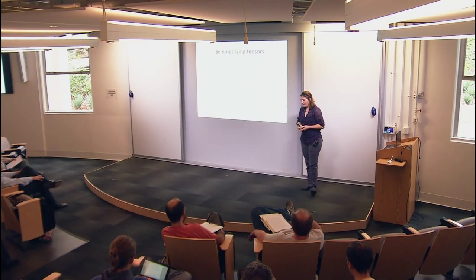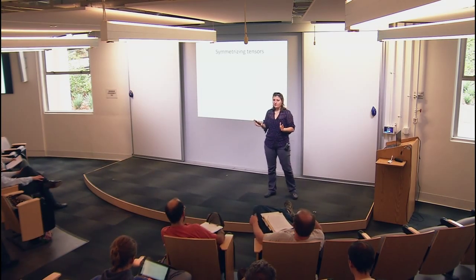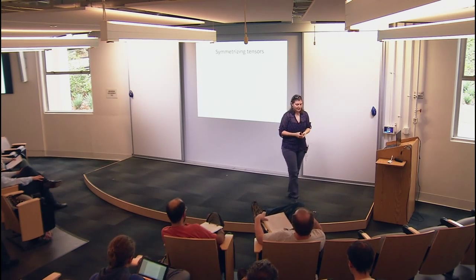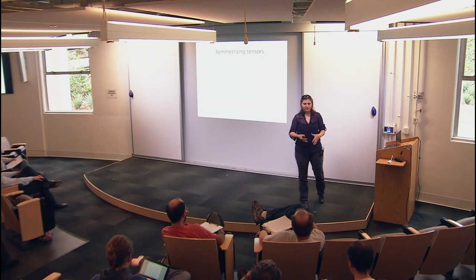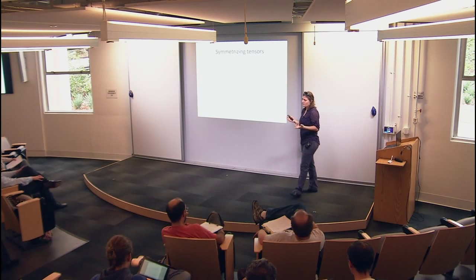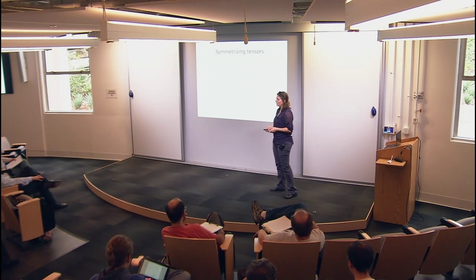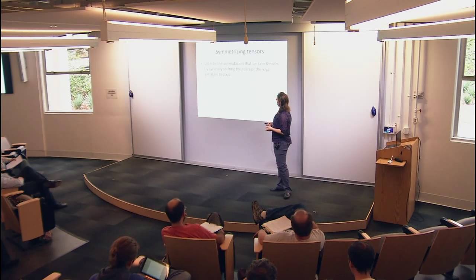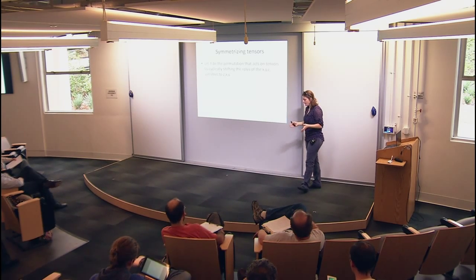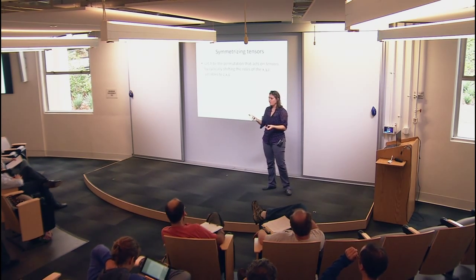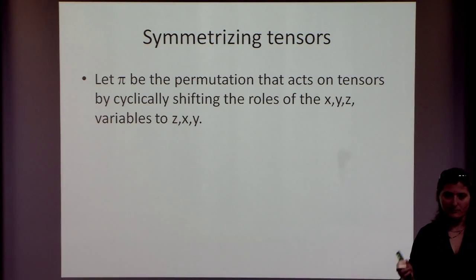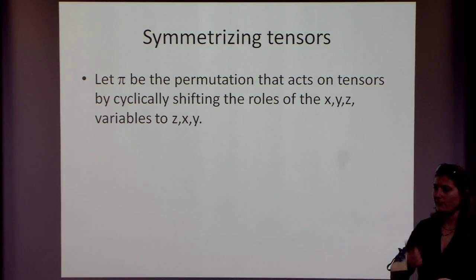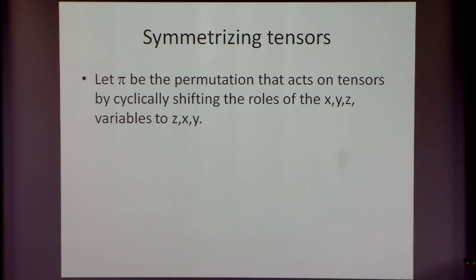Okay, so because we're working with n by n matrix multiplications, often it's nice if the tensor we're starting from is symmetric. But sometimes they're not, so let's symmetrize them. What is symmetrization? Let's say I have some permutation over 3 elements, and it acts on a tensor by shifting the roles of the x, y, z variables.